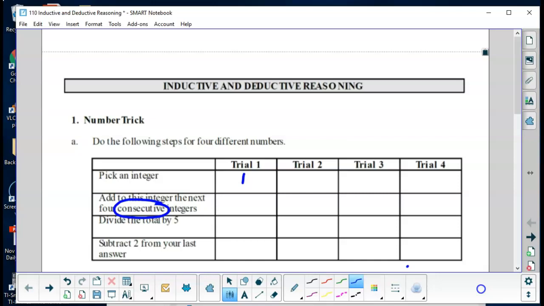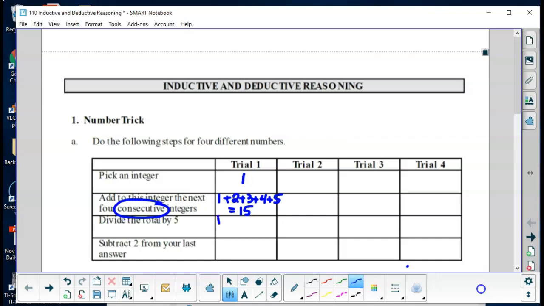So we start with 1, then we would add 2, 3, 4, and 5. The next 4 consecutive. Add those together, so that's 3 and 3 is 6, plus 4 is 10, plus 5 is 15.